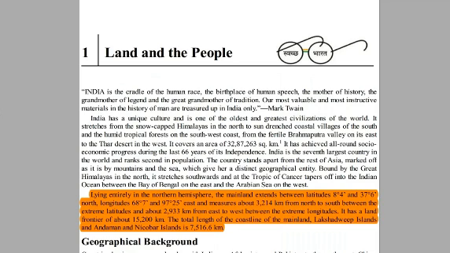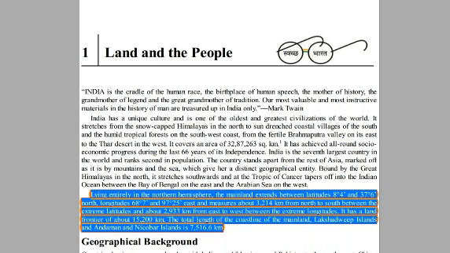First one is in the first page itself. This particular point has been given, that is the physical location of India in terms of the length and breadth, latitudes and longitudes. Please go through this idea.